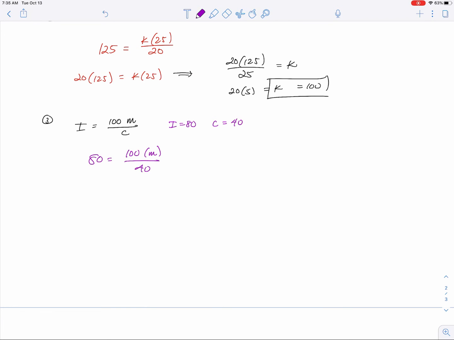We'll multiply both sides by 40 and divide by 100, and we'll get 80 times 40 over 100 is equal to their mental age. And what we have here is 32. And that's it, the mental age. Okay. So that is our practice, our guided practice for variation.